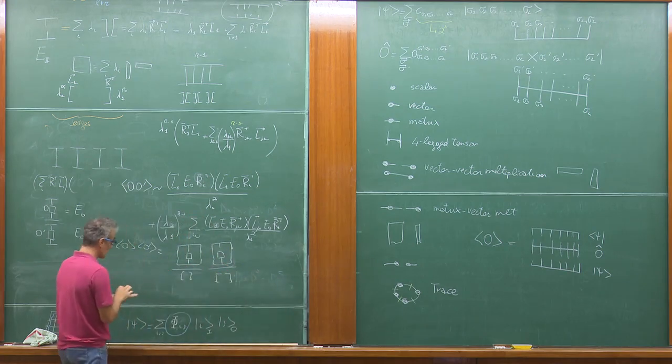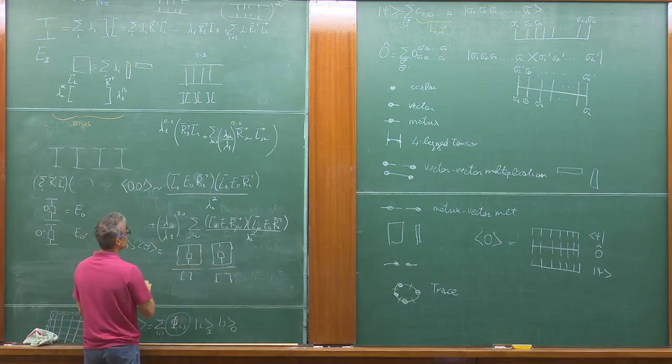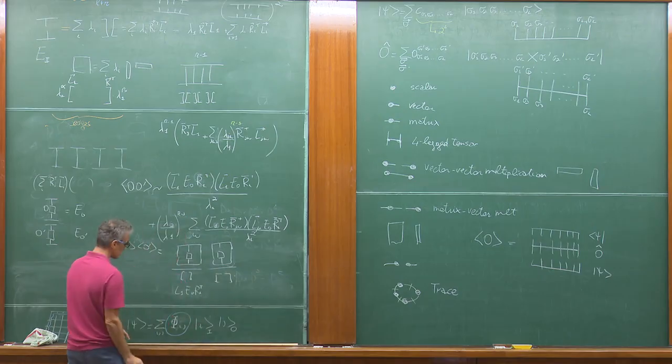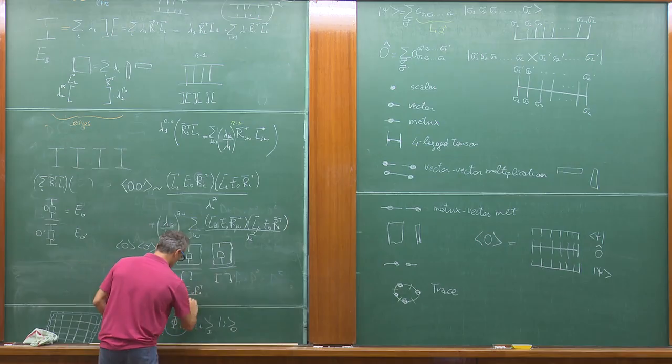Okay, so this thing here is just lambda 1 E_O R1 divided by lambda 1.